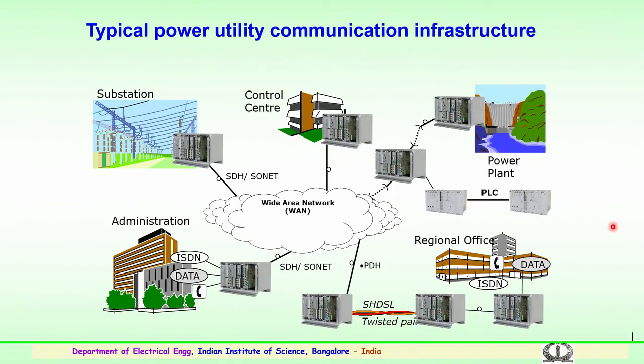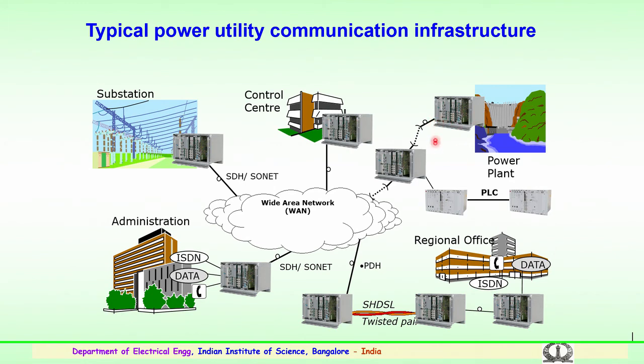When we closely look at a typical power utility communication infrastructure, as shown in this figure, you can see a substation, which could be a medium-size high voltage or extra high voltage substation, and this could be the control center. You have generating plants, which could be thermal, nuclear or any other generating sources.